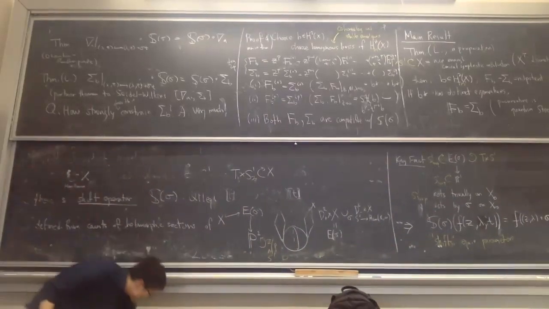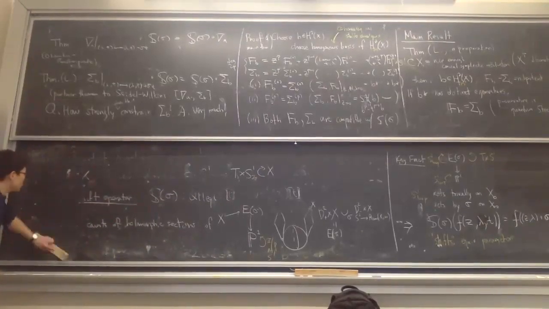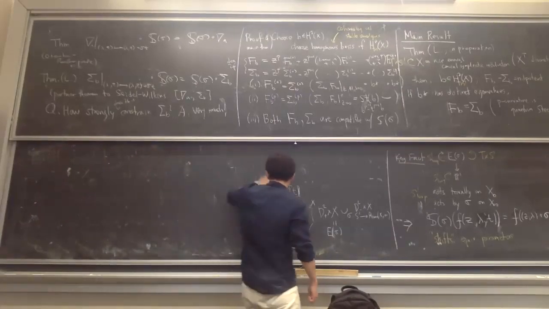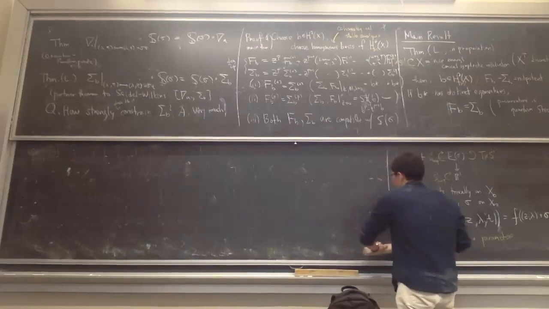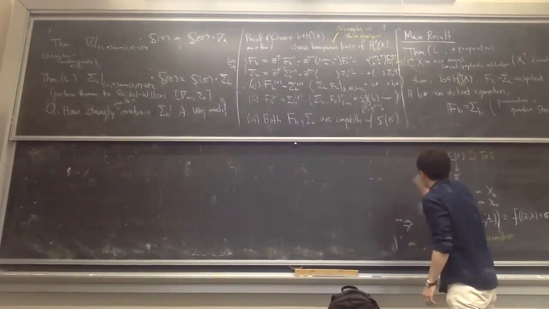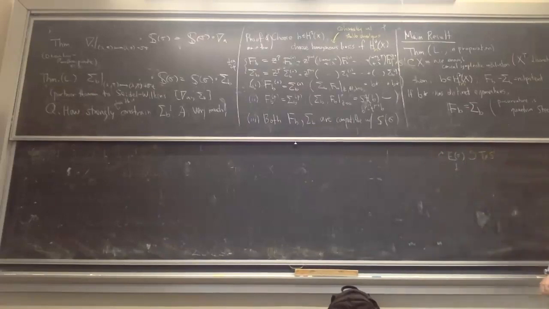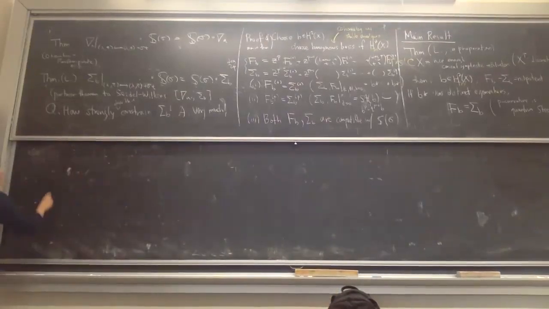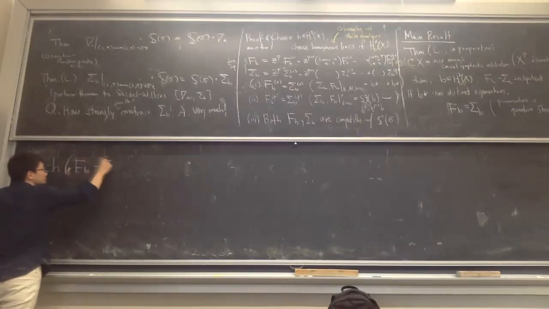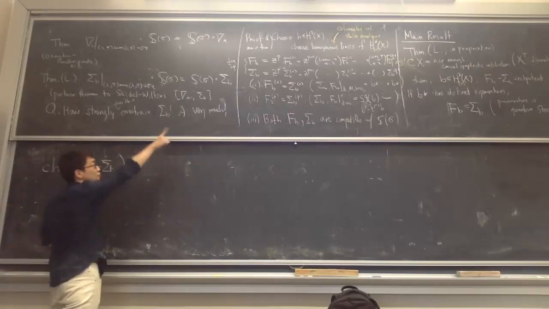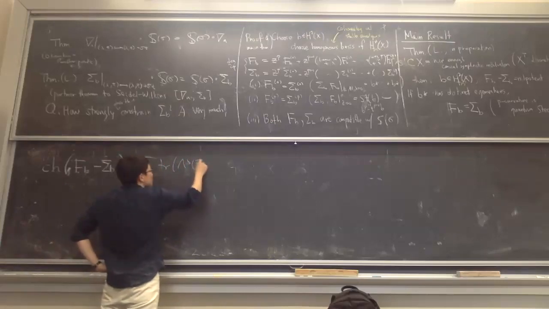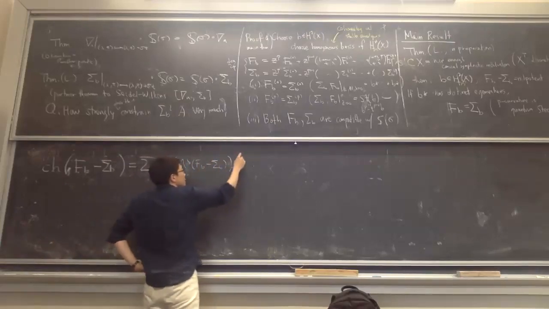And then once you have that, you can show that the difference has to be a nilpotent endomorphism by just taking the difference and computing its characteristic polynomial. So now you want to look at the characteristic polynomial of the difference of these two matrices. So you can just expand this out like this.